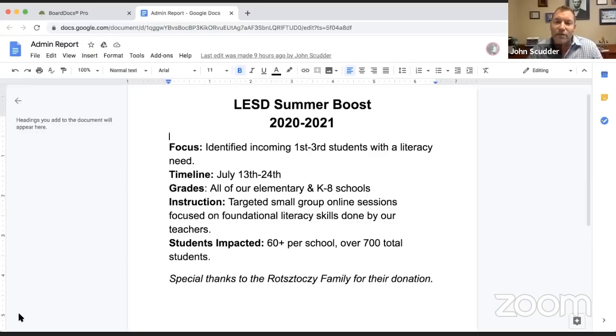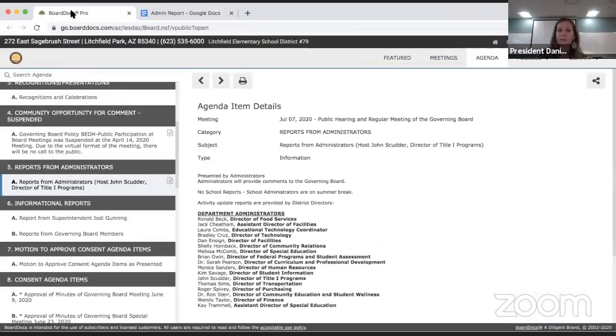We were able to identify them from our most recent testing, and it comes to about 700 students throughout the district. And maybe the most exciting part of this is it's absolutely at no cost to the district. This is completely from the donation by the Rostowskis. So we're very thankful to them. And that's all I have. So Madam President, you have our reports and we'll be happy to answer any questions.